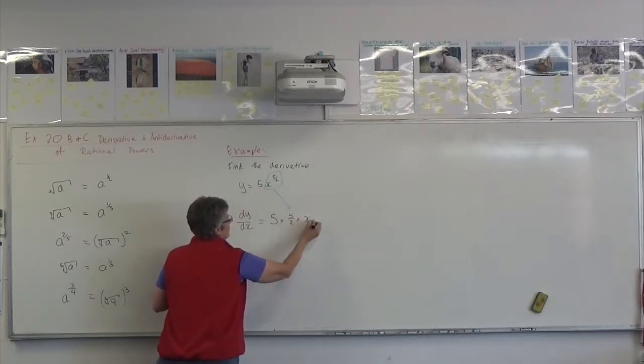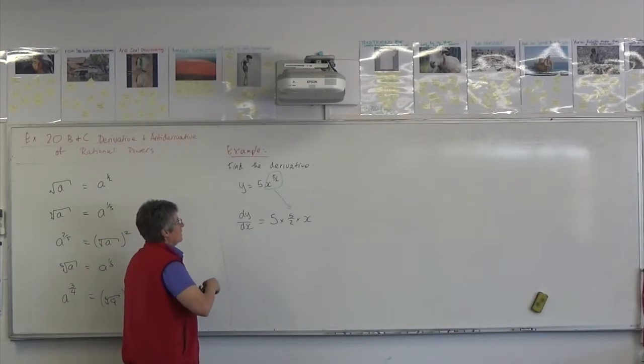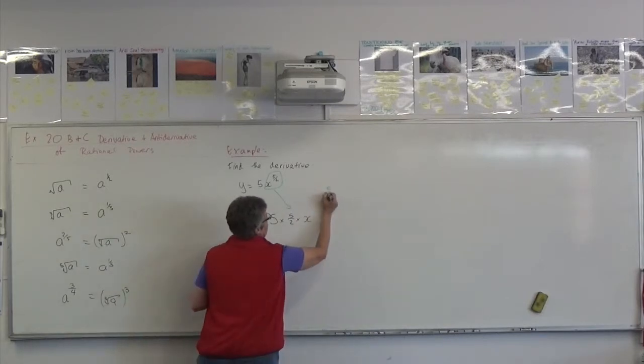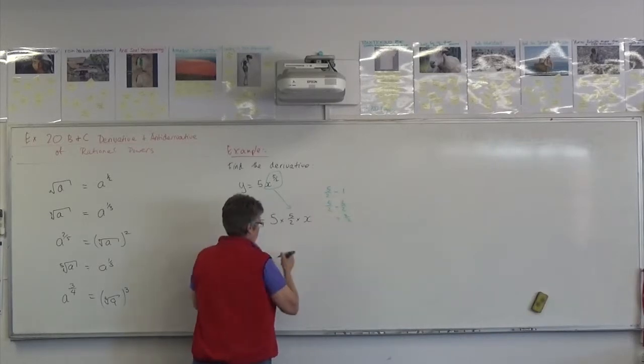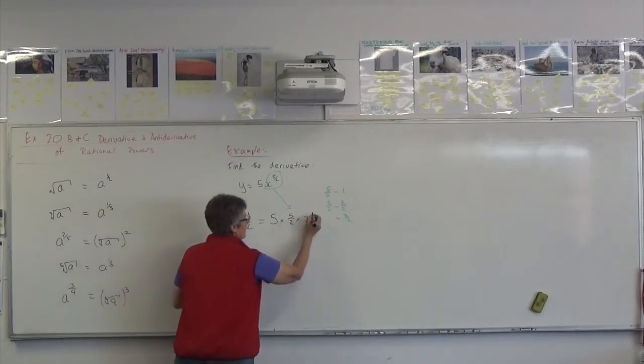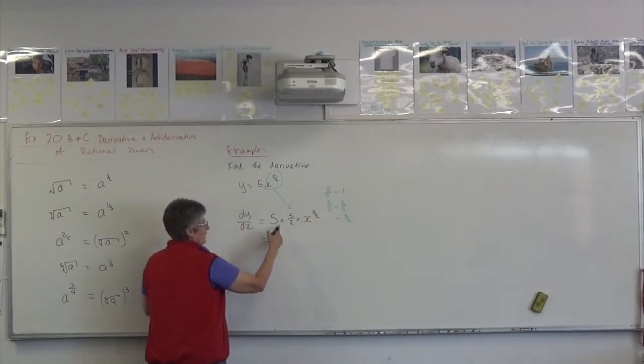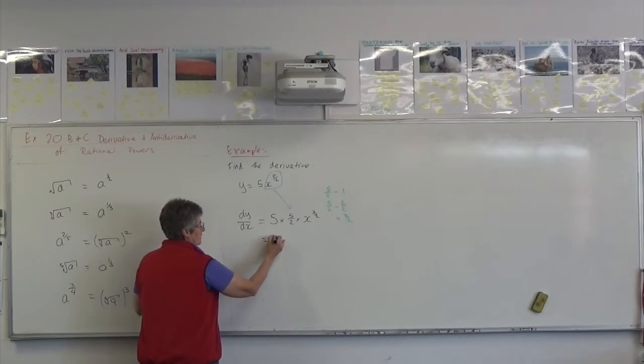Now what have I got to do to the power? Take 1 away. Yeah. So I have 5 over 2 take away 1, which is the same as 5 over 2 take away 2 over 2. Gives me 3 over 2. So that doesn't cancel down, so it becomes 25 over 2.